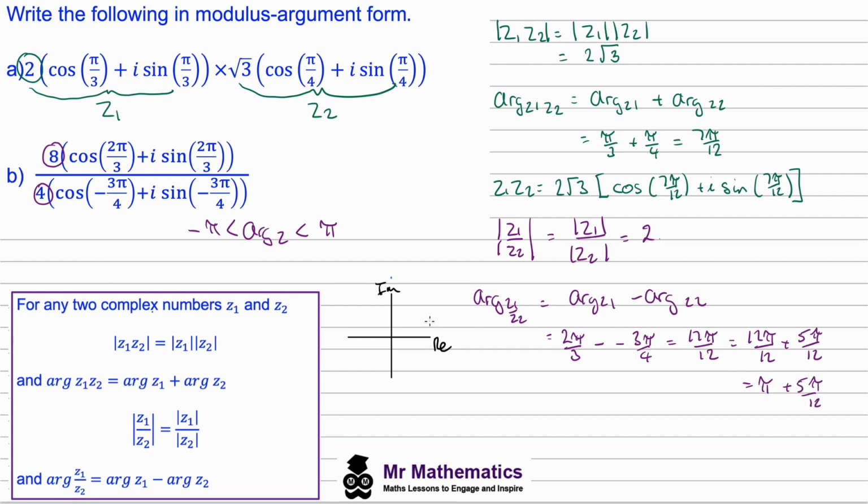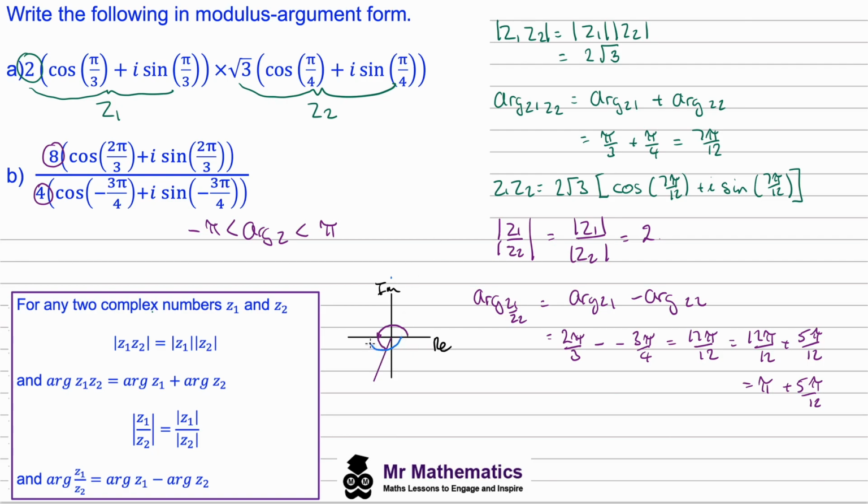So this pi will go from the real axis to here, then we'll add on another 5 pi over 12, which will take us to about here. So this will be this argument on this Argand diagram. But to put it in this range, well, because it goes beyond pi, we need to look at going anti-clockwise from the real axis.